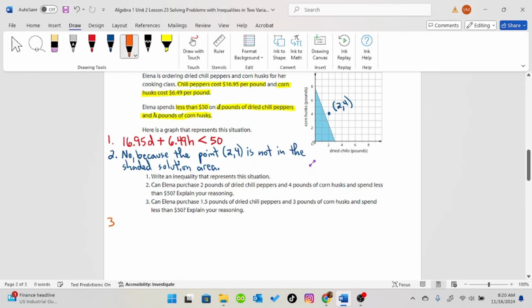Next, we'll look at number 3. Can Elena purchase 1.5 pounds of dried chili peppers and 3 pounds of corn husks and spend less than $50? Explain your reasoning. So again, we'll look at the graph. We'll go right to 1.5 pounds of dried chilies, go up to 3 pounds of corn husks, and put our point.